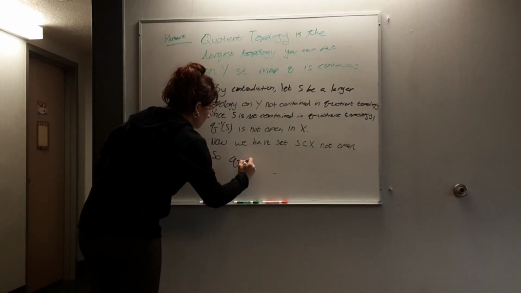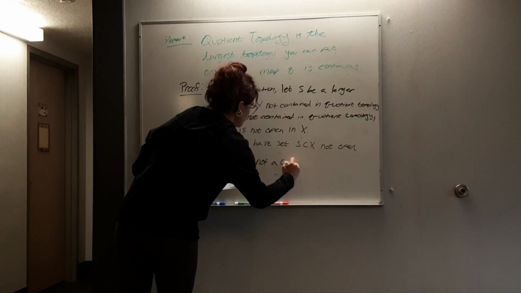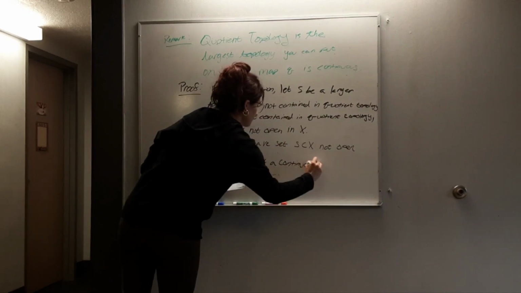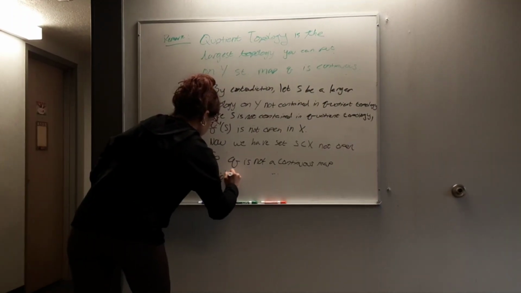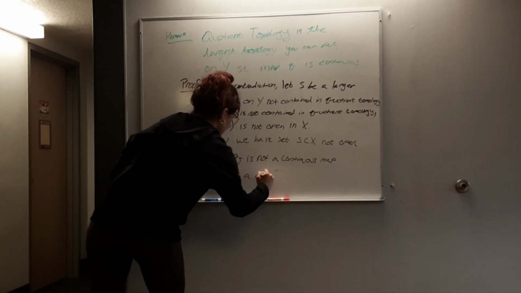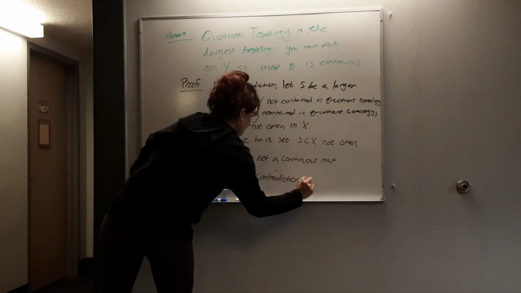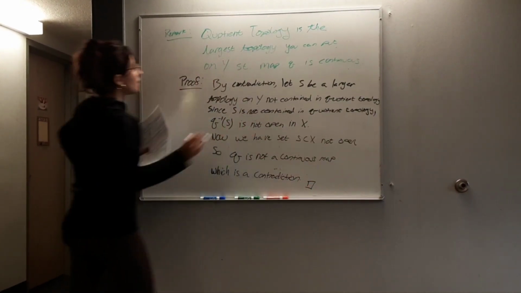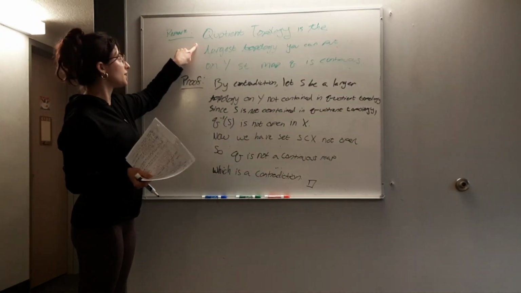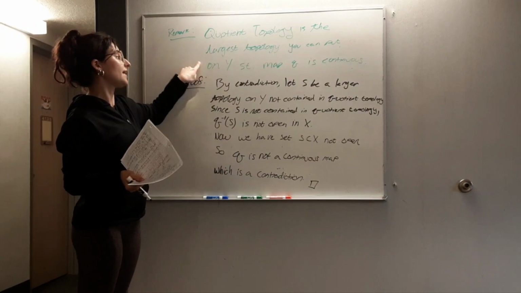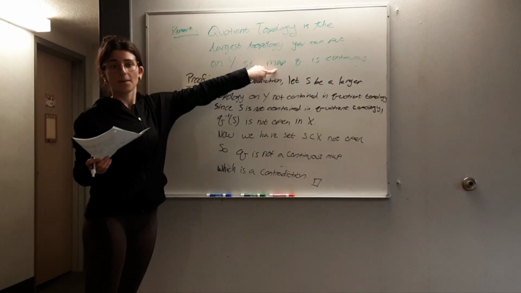So, we have Q not a continuous map, and this gives us our contradiction. Thus, we have proven that the quotient topology is actually the largest topology that you can put on Y such that the map Q from X to Y is actually continuous.